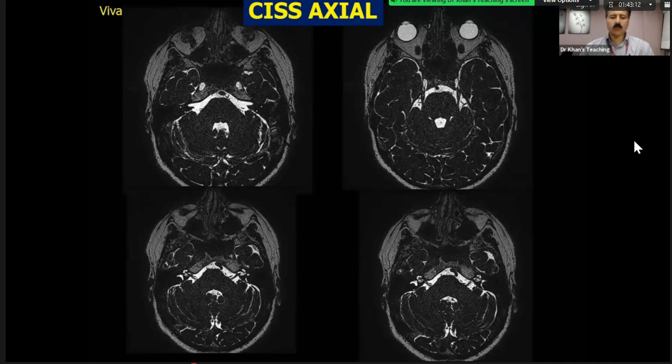What is it? It is a highly T2 weighted sequence, which is high resolution. So CSF appears very bright, and vessels and nerves appear as a filling defect. Now, CIS sequence anatomy is asked in the exam, and you have to know it very crisply and sharply.